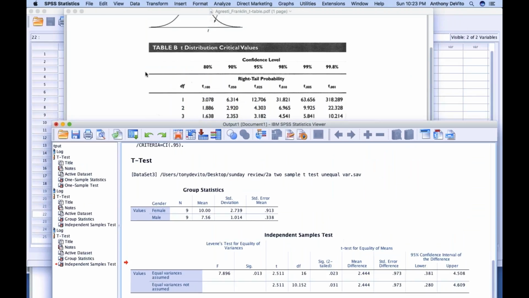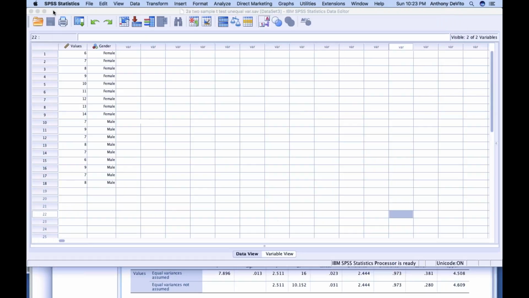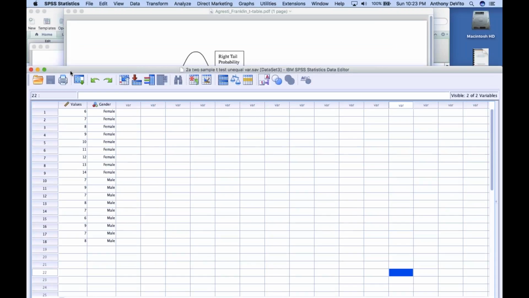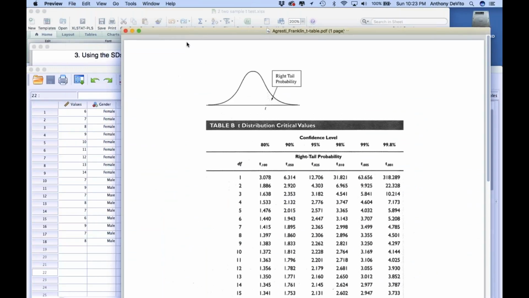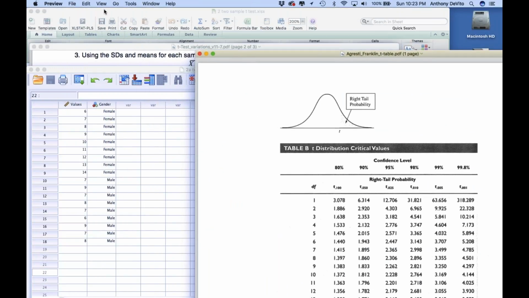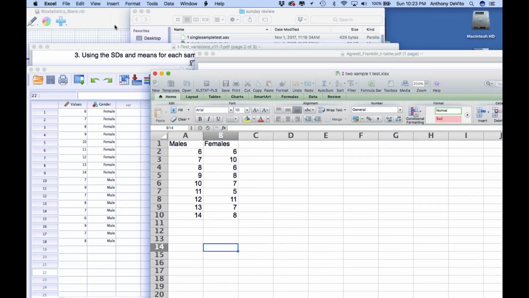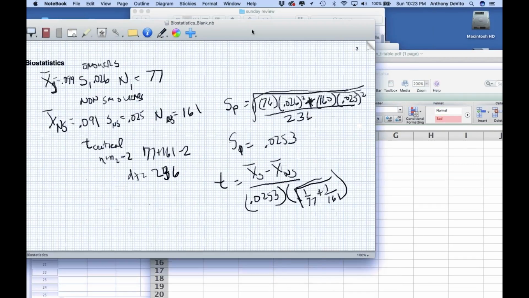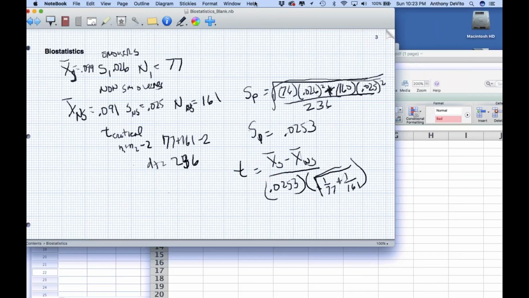Well, a paired sample t-test occurs when we test the same person before and after they've taken a drug or before and after an intervention. It's not two different groups of people, but the same person, the same measurement given twice to the same subject.